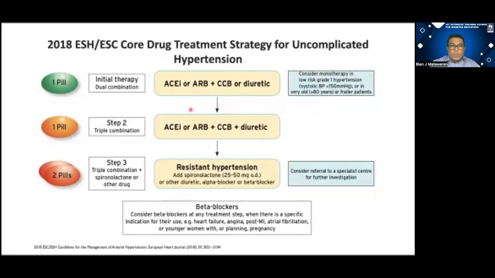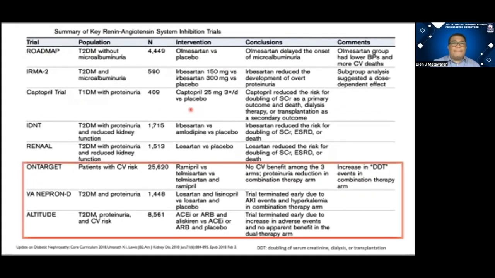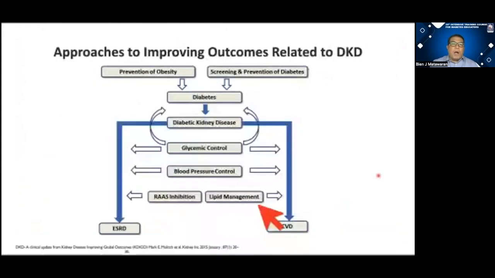Taking into account as well, based on the ONTARGET, the VA NEPHRON-D, and the ALTITUDE trials, that you should not combine your ACE inhibitor and your ARB, because combining these two RAS blockers has been noted to increase doubling of serum creatinine, and increase the risk for dialysis as well as transplantation. So do not combine your RAS blockers.